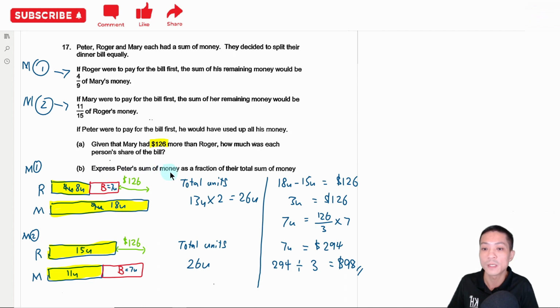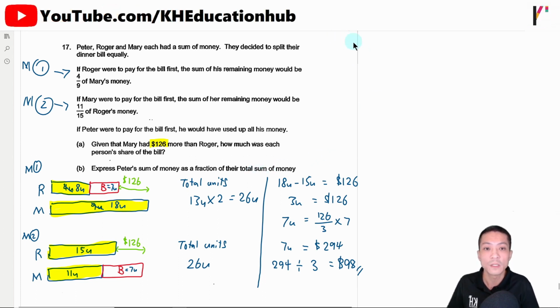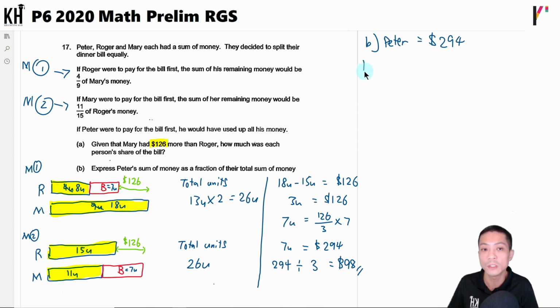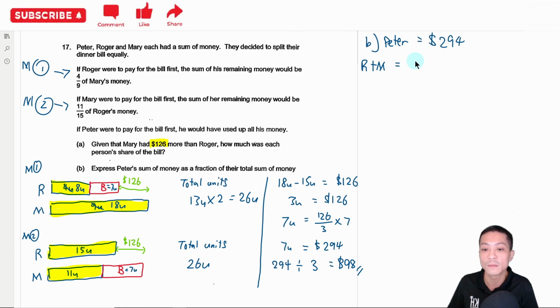Express Peter's sum of money as a fraction of their total sum of money. Okay, so for part B, we know that Peter is equal to the bill, right? So Peter is actually the 7 units, which is $294. Peter plus Roger plus Mary, the total is 26 units.